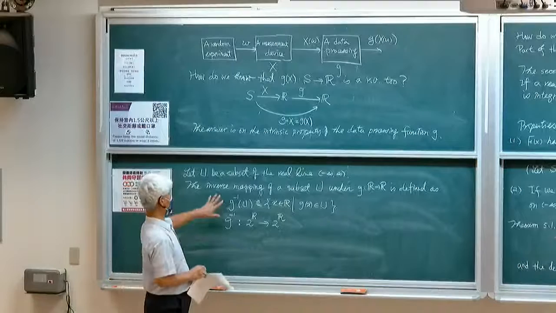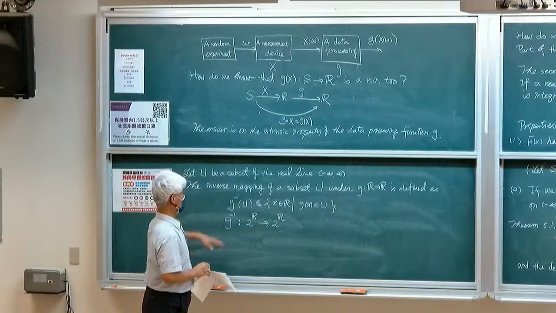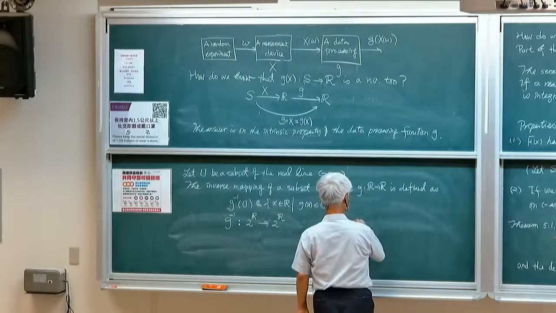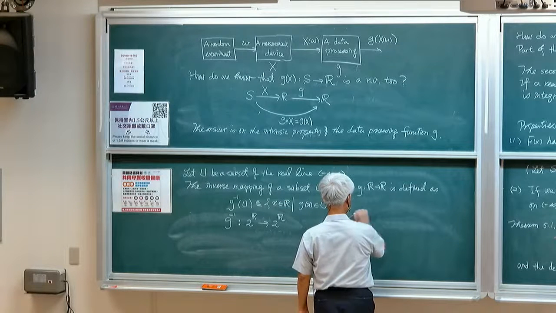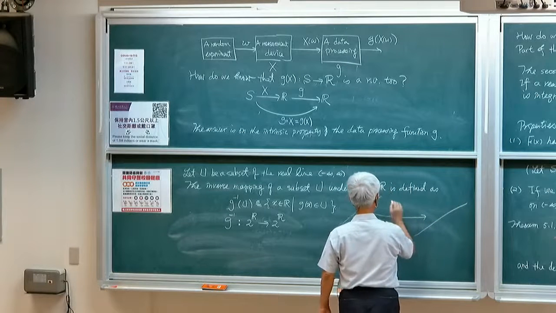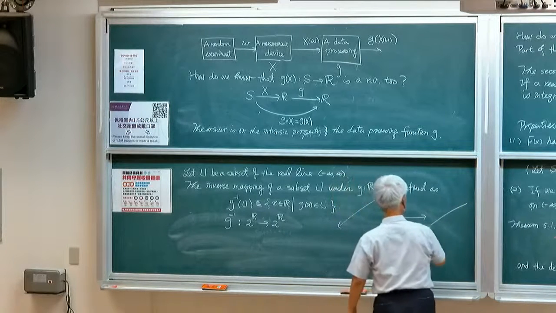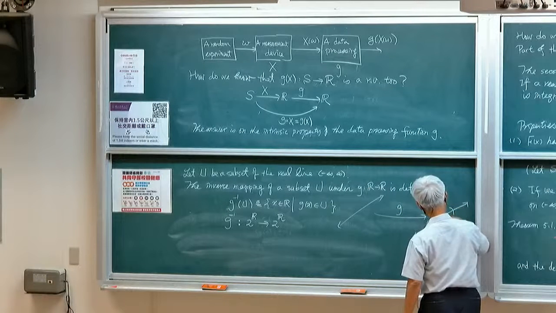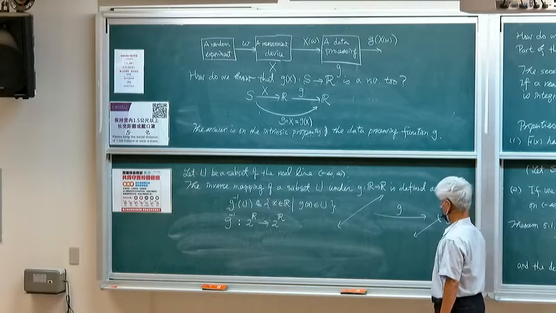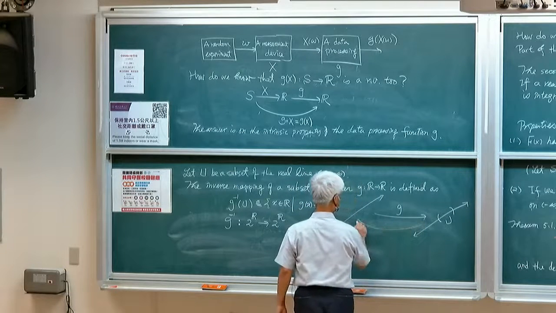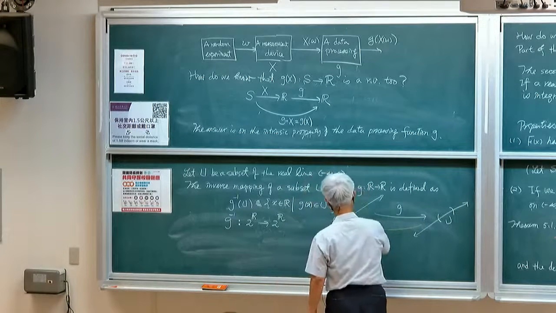Okay. So this is G. And suppose, for example, U is this interval, and so the inverse mapping goes back here.